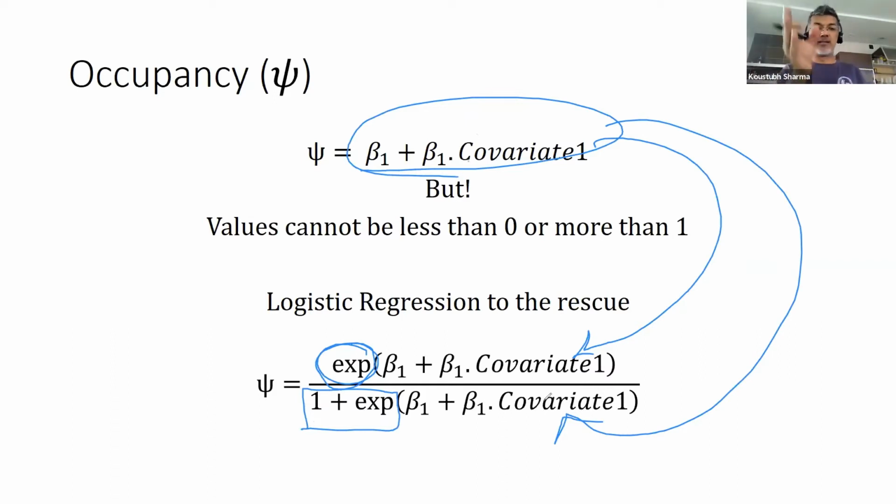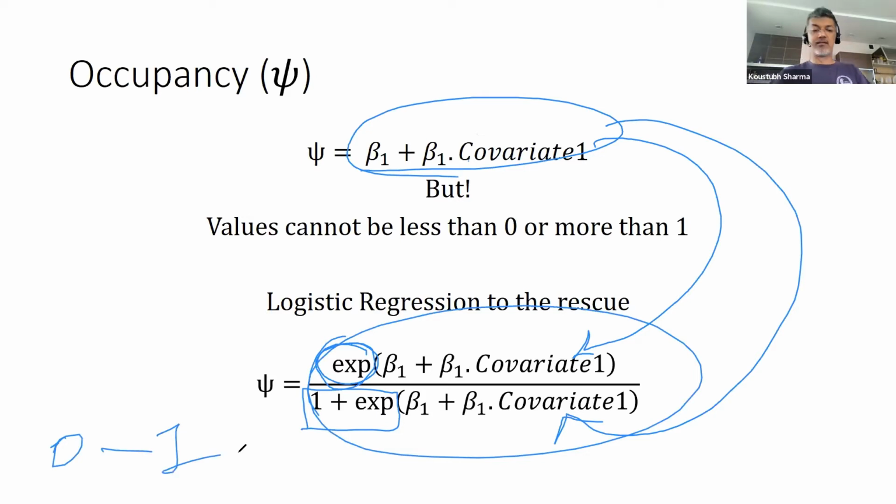I'll send you a simple Excel sheet. Just plot it and you will see that for a value from -infinity to +infinity, whatever values you put in this equation, the probability of occupancy will always range between 0 and 1. And to show you, I think the next slide should do that.